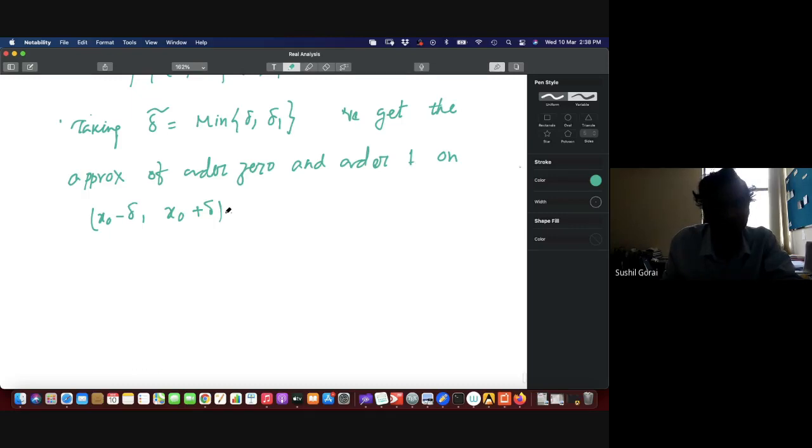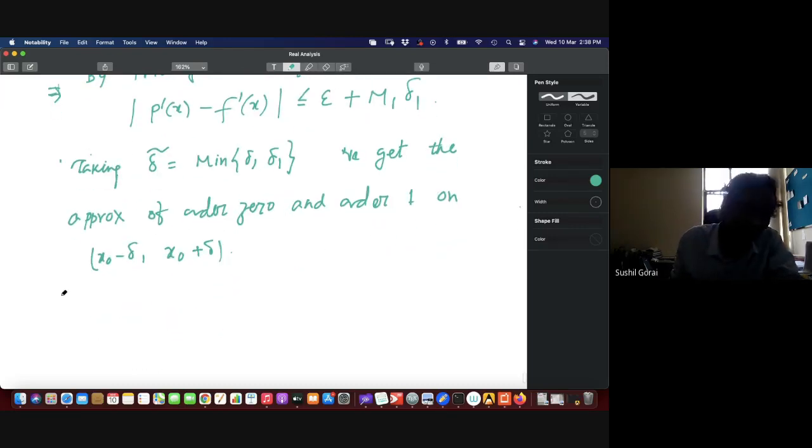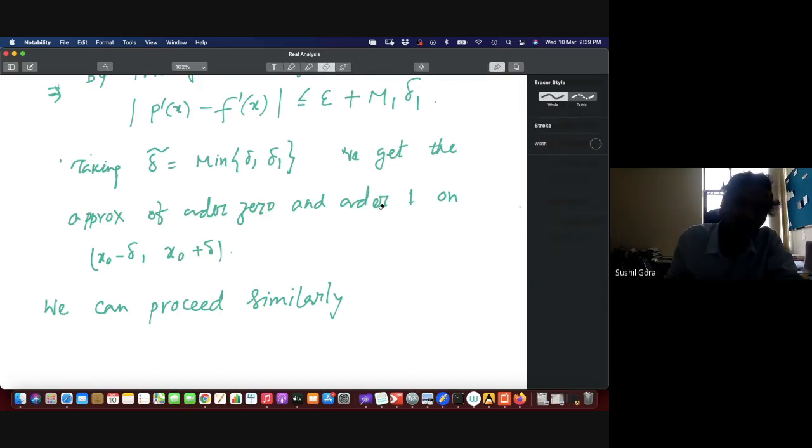All right. So we can proceed similarly. So this is approximation of order 0 and order 1. Order 0 is contained in order 1, so we don't need to write this one. Approximation of order 1 is good enough.